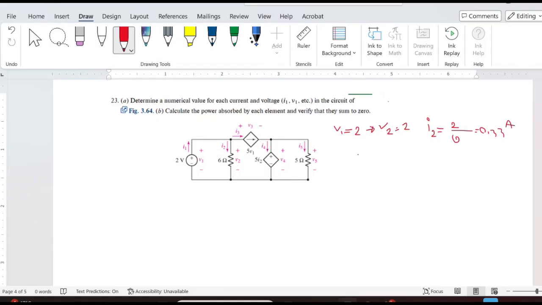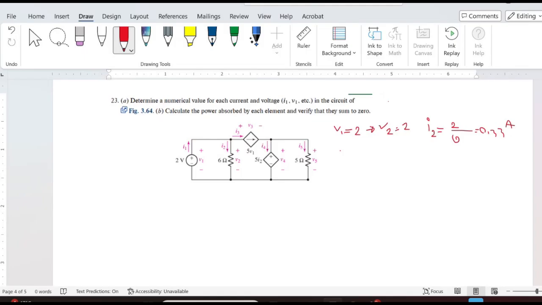All right, so now what we can do next is take a look at the diagram where I3 is the current that goes through the current source, and this is a dependent current source. The value of this current is 5 times the value of V1.